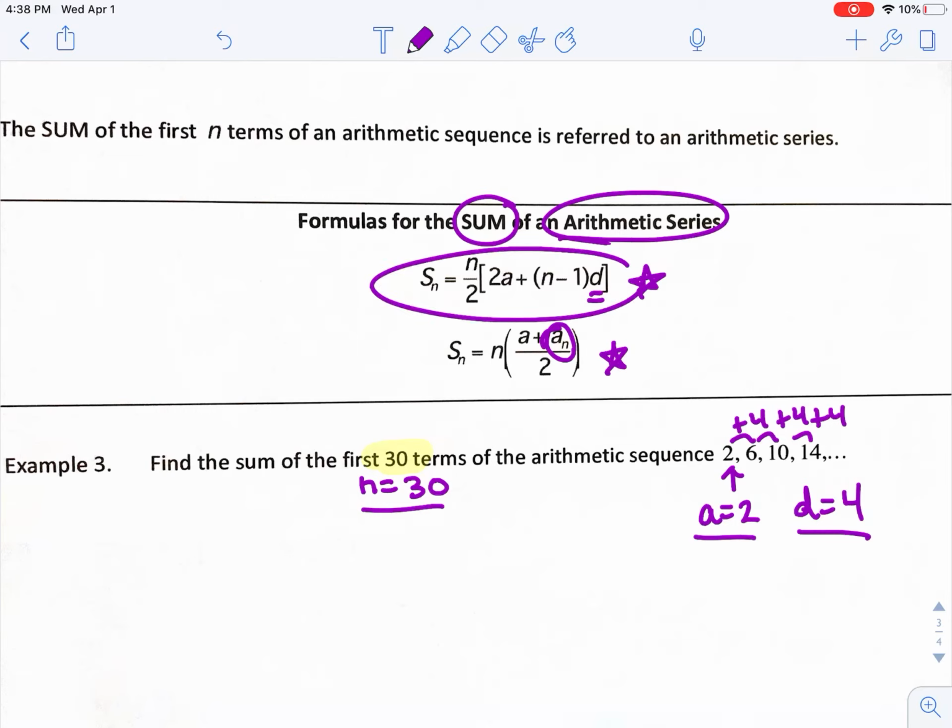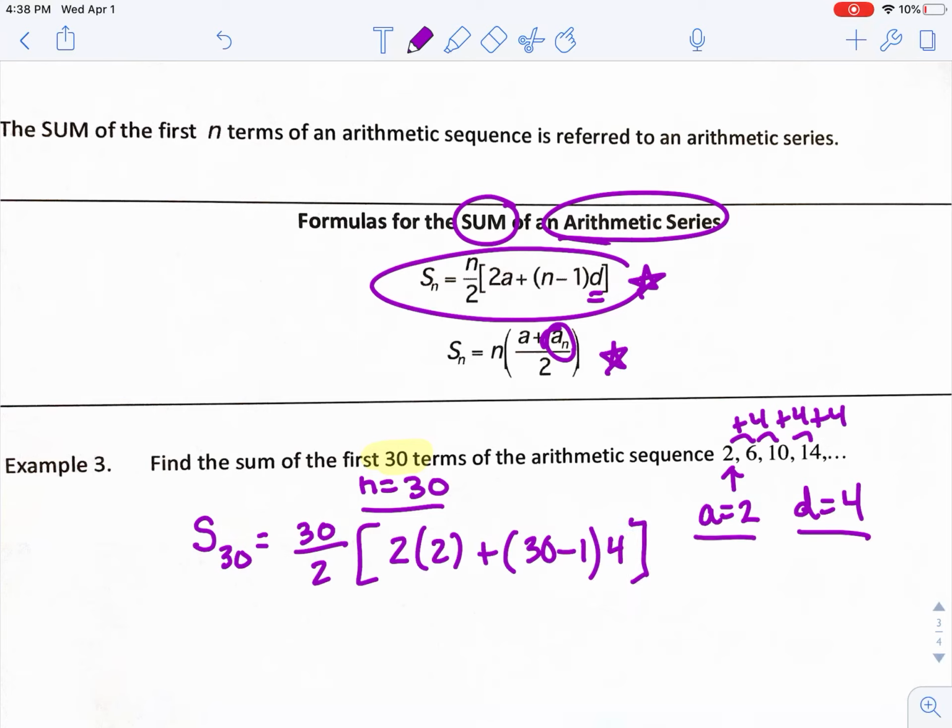So my first equation, the sum of the first 30 is n over 2 times 2 times 2, plus n minus 1 times D.